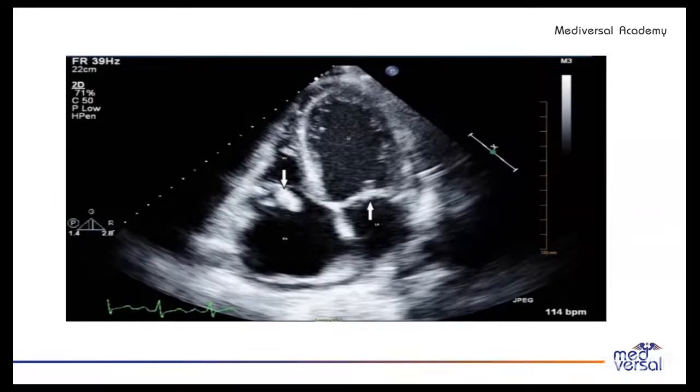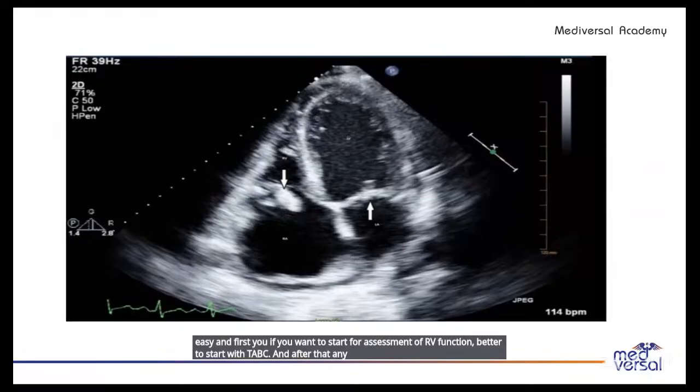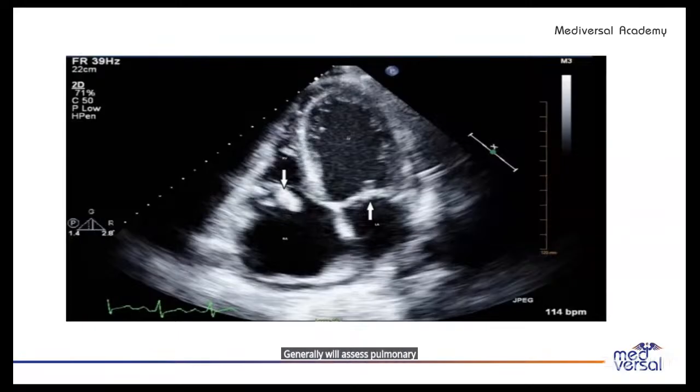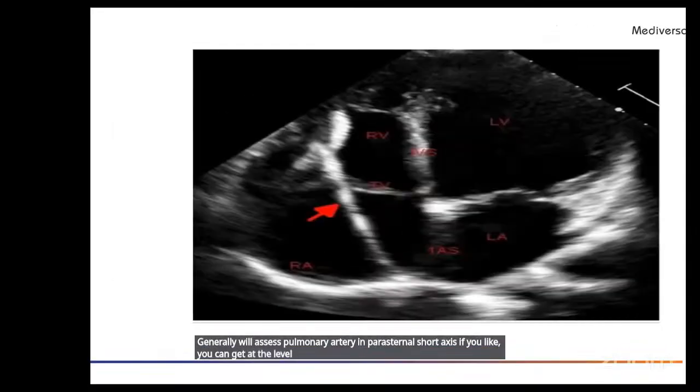look for any signs of pulmonary embolism. If you assess the pulmonary artery in parasternal short axis, you can get it at the level of, see, I'll show you the images.